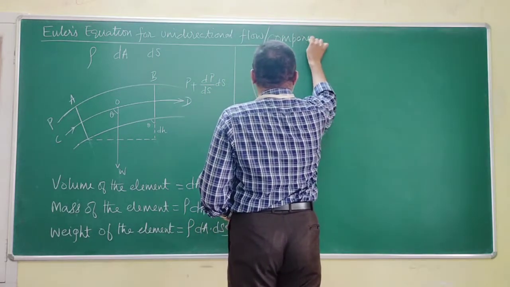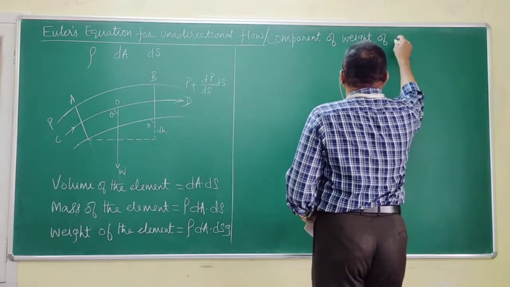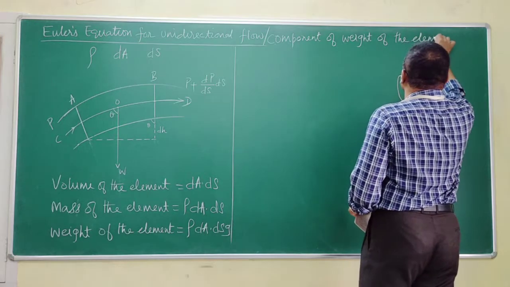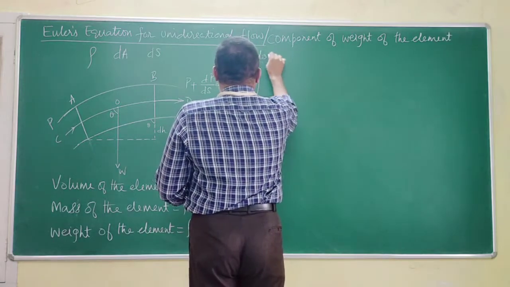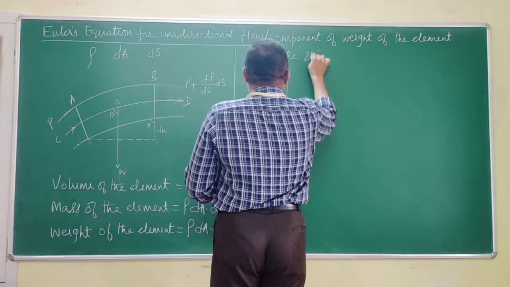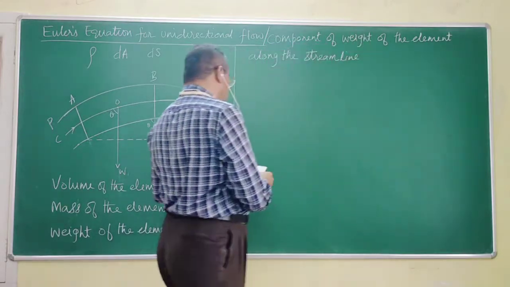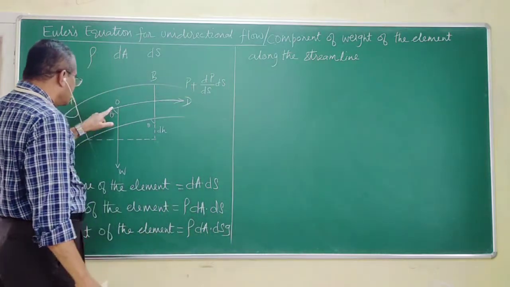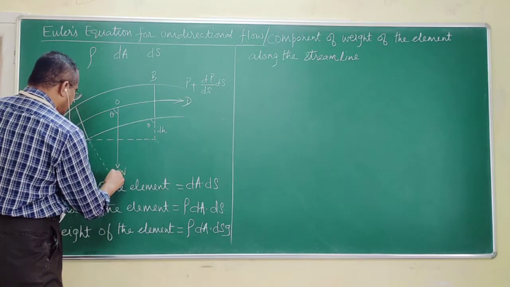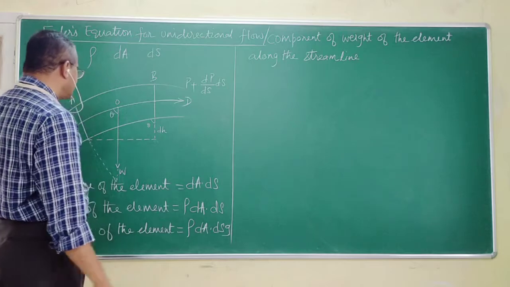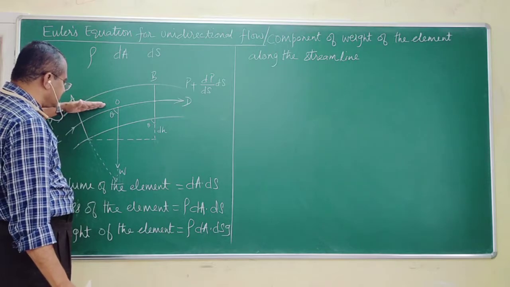Component of weight of the element along the streamline. Therefore, if I extend this like this, this becomes a right angle triangle, and therefore this is cos theta.